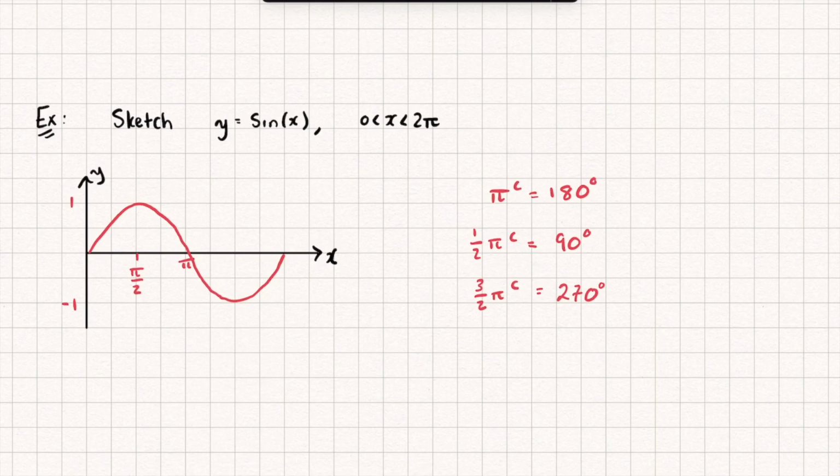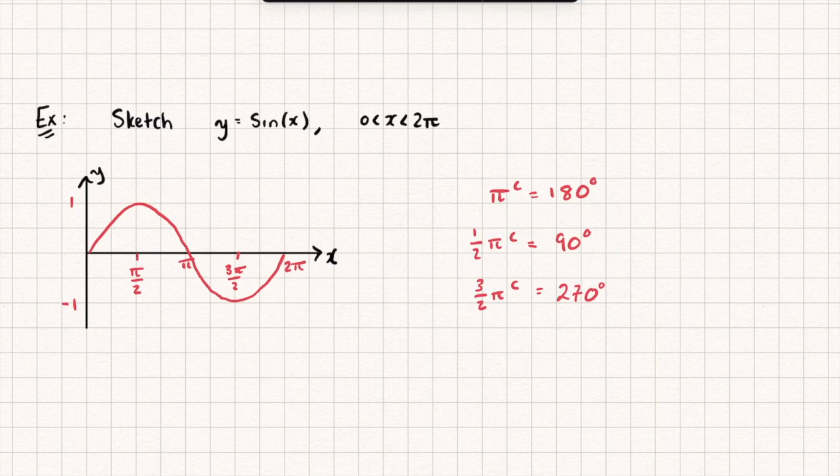So this trough is at 3 pi over 2 radians. And I know the full period of the sine wave is 360 degrees. If I multiply both sides by 2, I get 2 pi radians is 360 degrees. And so we're done.